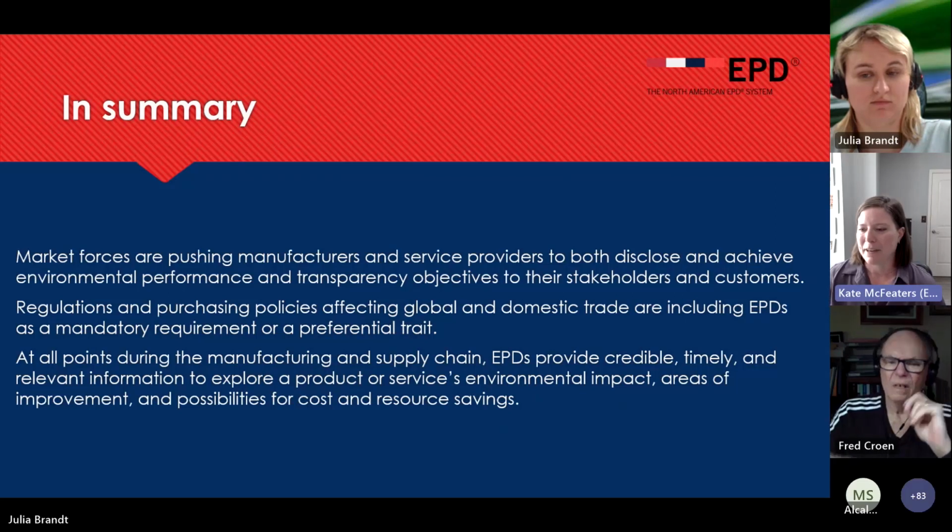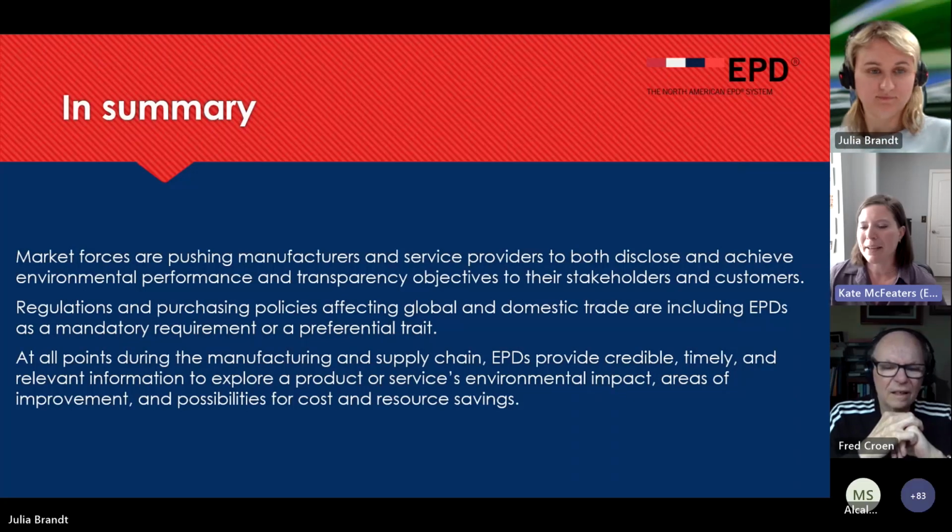However, even though there's a lot of reasons that you have to have an EPD for your product, there's also a lot of really important uses for it outside of I have to have an EPD, which is great, relevant, timely data that's credible for use when evaluating a product on the manufacturing side.